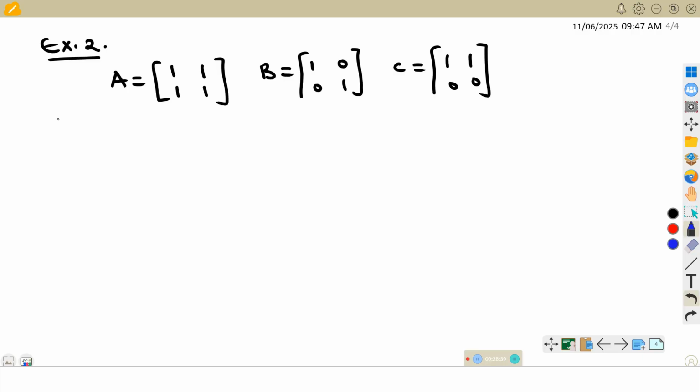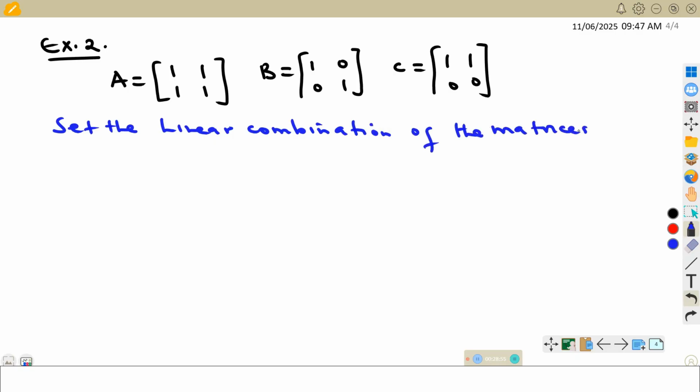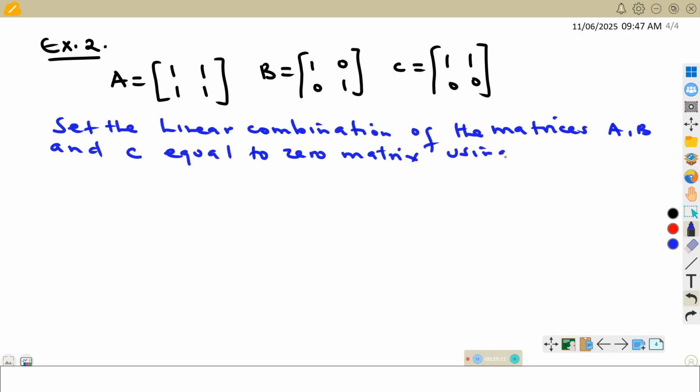To do that, we shall set the linear combination of the matrices A, B, and C equal to a zero matrix. And we shall do that using the unknowns or scalars.